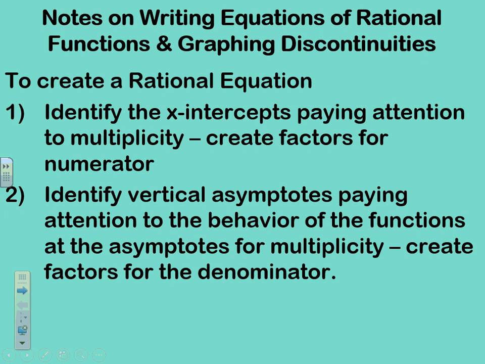That way we could identify any roots or vertical asymptotes that the function had. And then from finishing going through the process, we were able to graph a rational function without the use of a graphing calculator.